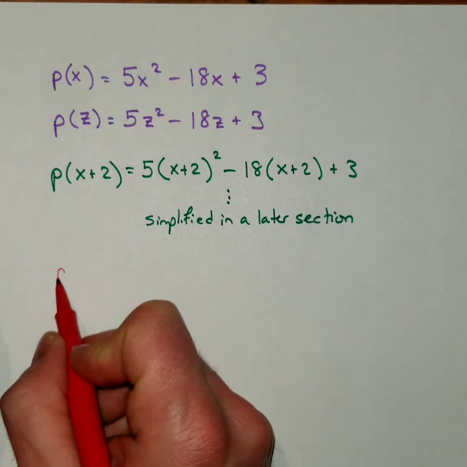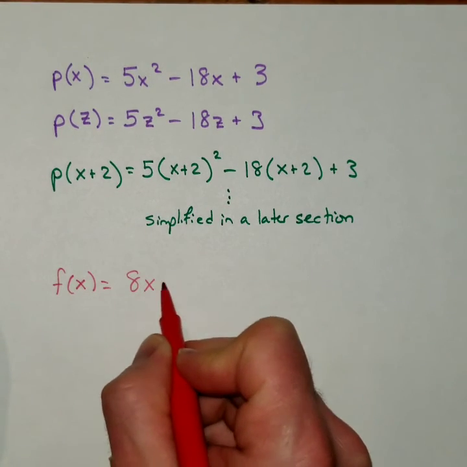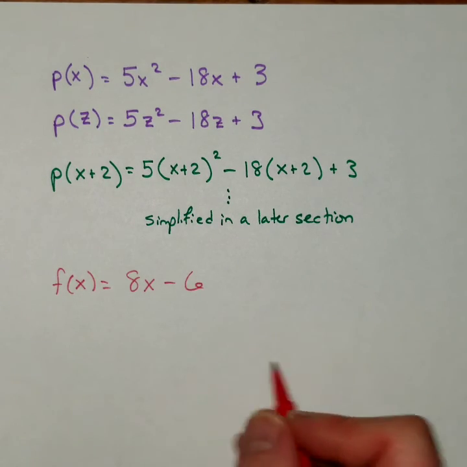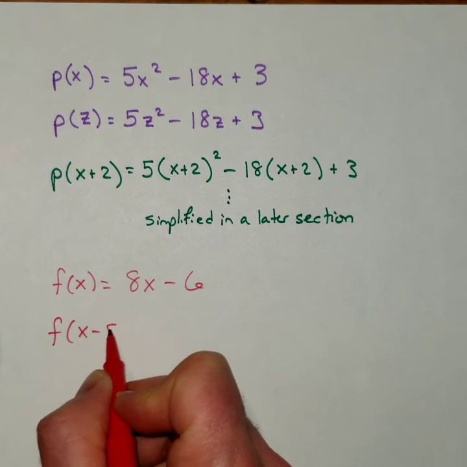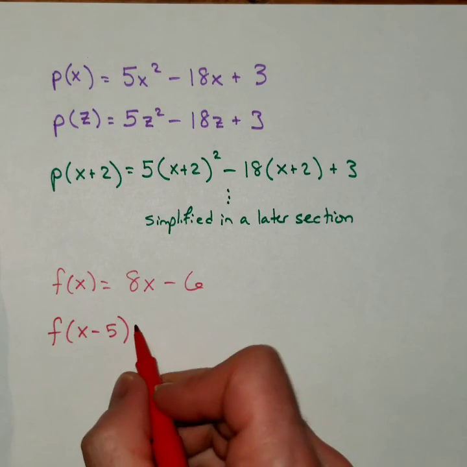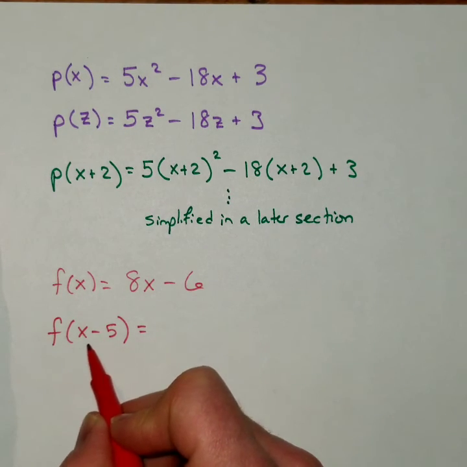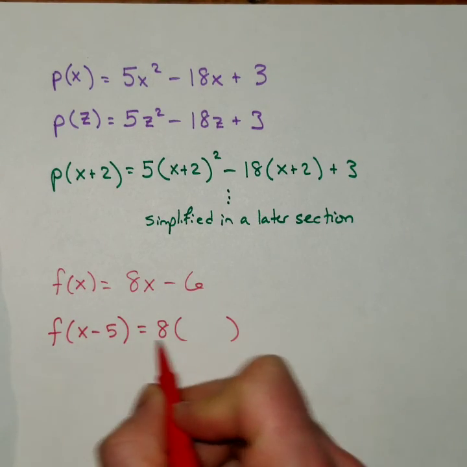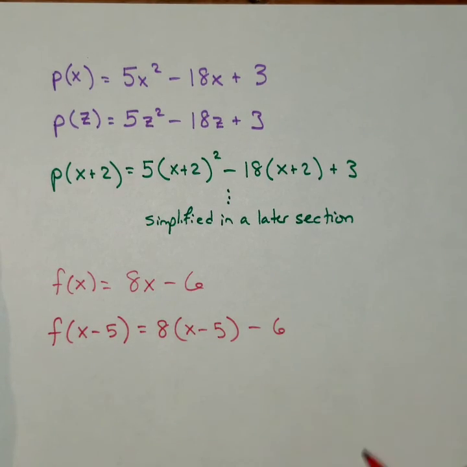Let me try another example a little bit more in line with the difficulty you'll see. Let's do something like f of x equals 8x minus 6. Right? And then we could find f of x minus 5. So to do that, you would replace the x with the new input, which is x minus 5. So you'd have 8, and then instead of this x, you'd have x minus 5, and then subtract the 6.